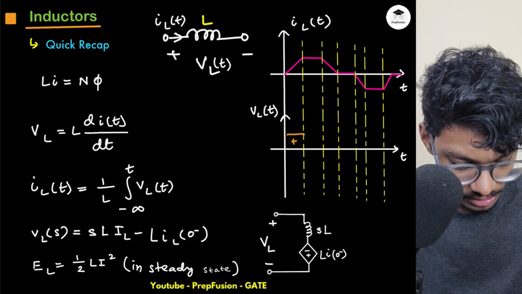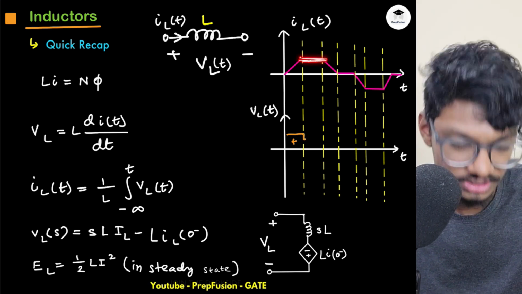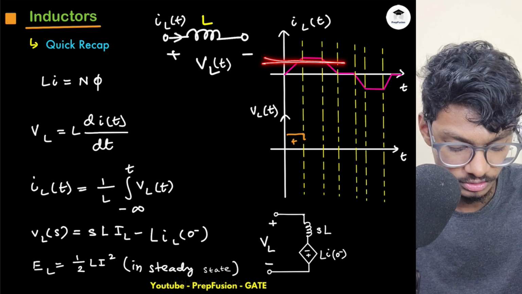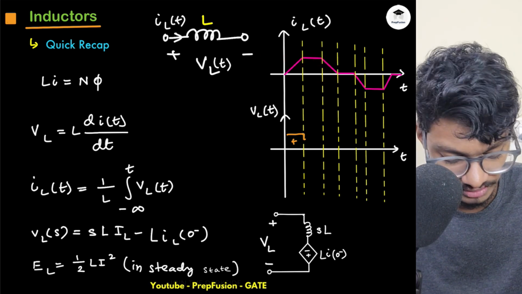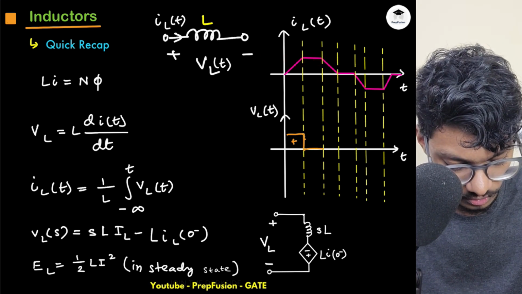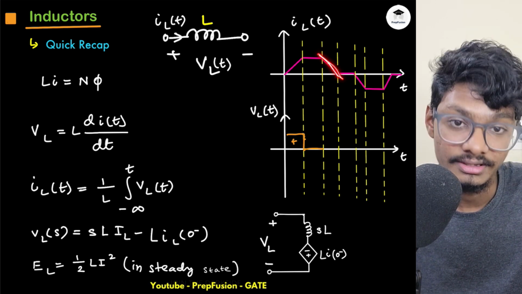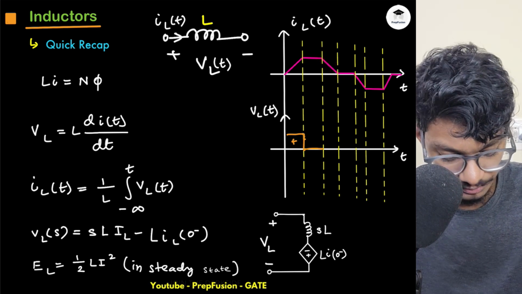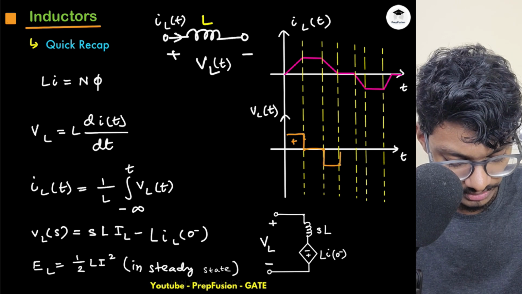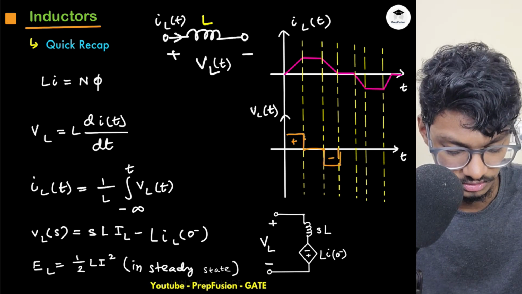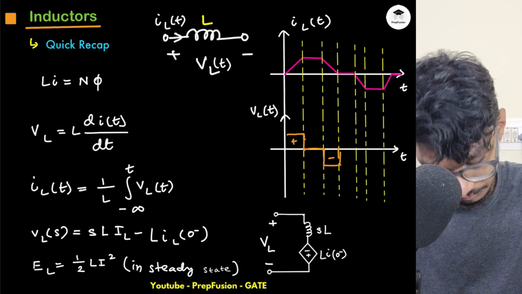Then from here to here, the slope is 0, because the line is parallel to the x-axis. Next, here the slope is negative. If you have studied engineering mathematics, you will be able to simply find the slope. This is 0.